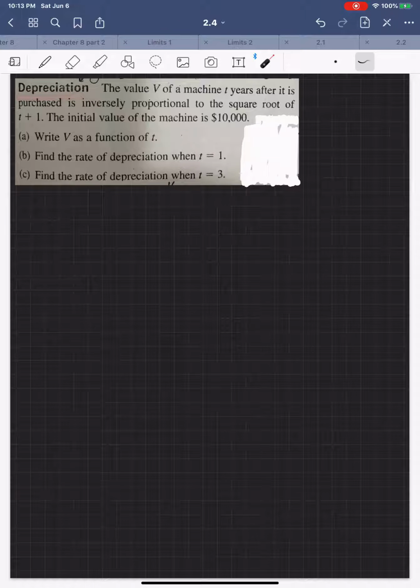Now, this problem mentions a machine, but you can just as easily think about this as if you're purchasing a new vehicle. It says the model is the value, now we're going to let value be V, of a machine T years after it is purchased.